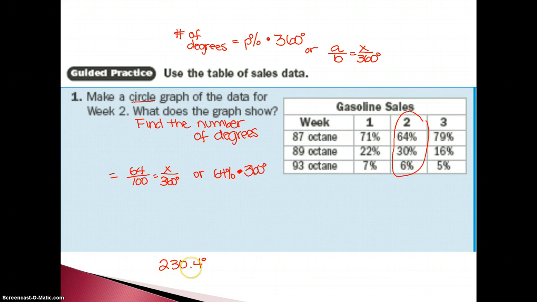Again, we can round that, and I would, because when you do degrees, you don't want to have a decimal. Just round it to 230 degrees. So that was the 87 octane.